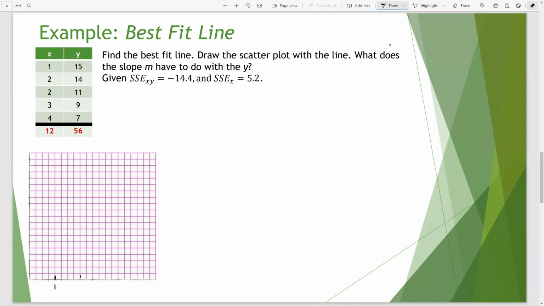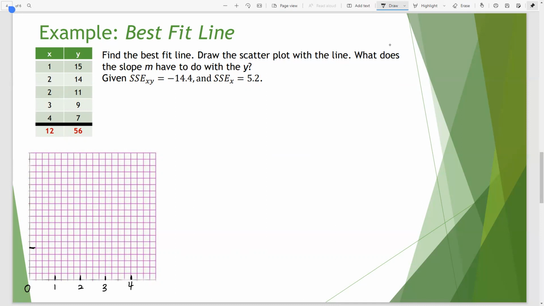1, 2, 3, 4. Right? A gap of 1 for the x values, since we just have 4 of the x, and x just goes from 1 to 4. And the y value goes up to 15, so it looks like we have enough space with a gap of 1.